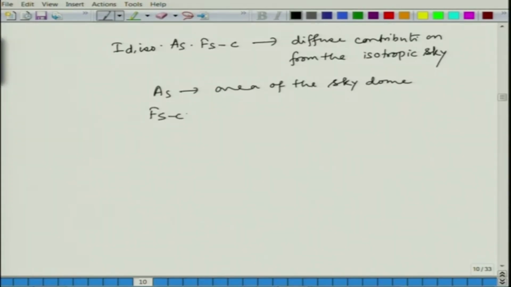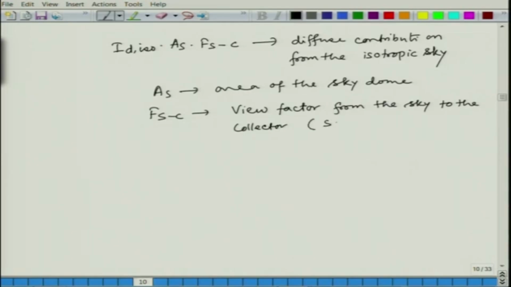And what is FSC? Can you guess by this time? You have seen this in your radiation heat transfer course, right, or class. So, this is the view factor. View factor from the sky to the collector. Okay.